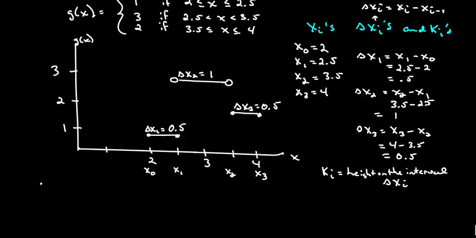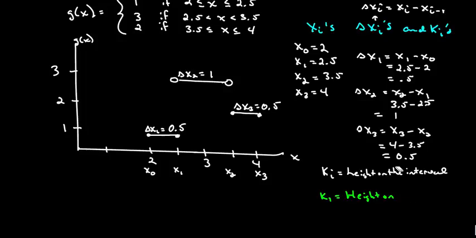So for example, I'll do it right here. K1 is equal to the height on the interval containing this guy, I should say, because delta xi is actually a distance.